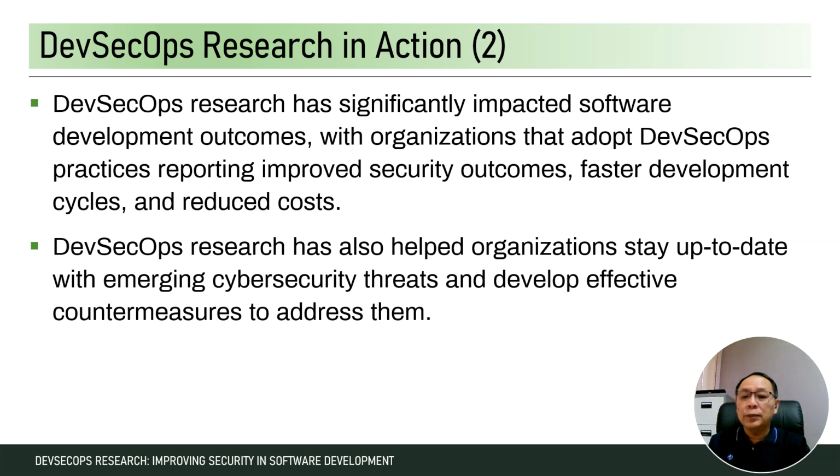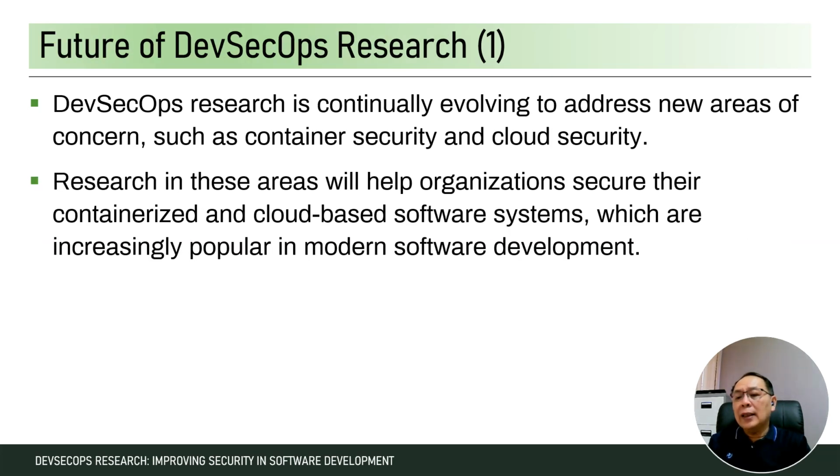Okay, and talking about the future of DevSecOps research, it is continuously evolving to address new areas of concern, which involve container security and also cloud security. So you know that in the cloud we can have something called software as a service, right?